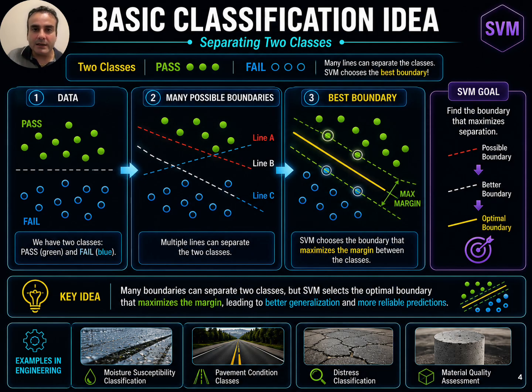The right panel illustrates the support vector machine solution. Rather than choosing any separating line, SVM selects the boundary that maximizes the distance between the classes. This distance is known as the margin. Maximizing the margin generally leads to better generalization and more reliable predictions on unseen data.